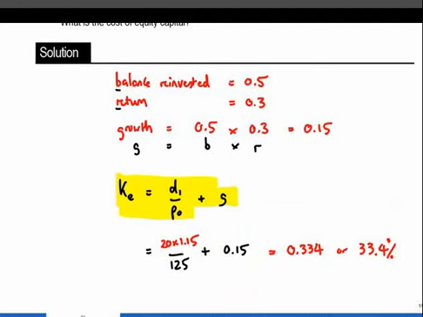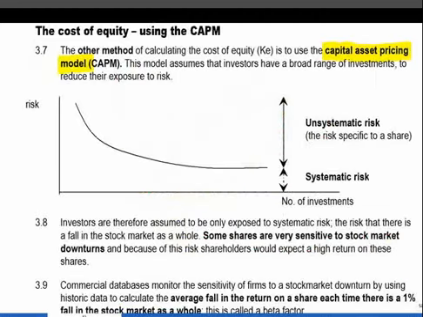There's another way of estimating the cost of equity. This uses the capital asset pricing model. With the capital asset pricing model, we make the assumption that a rational investor would build their investment portfolio across a wide range of different types of shares. So for example, you might start off by investing some money in Tesco, and then to reduce the risk of Tesco's strategy failing, you might invest some money in a rival like Sainsbury.